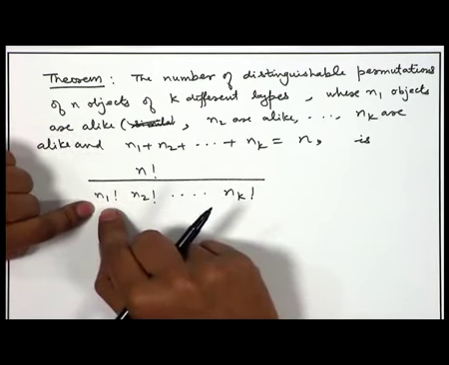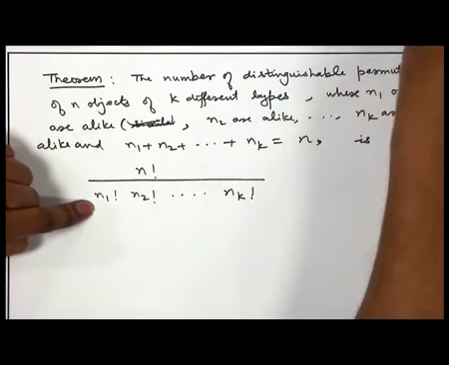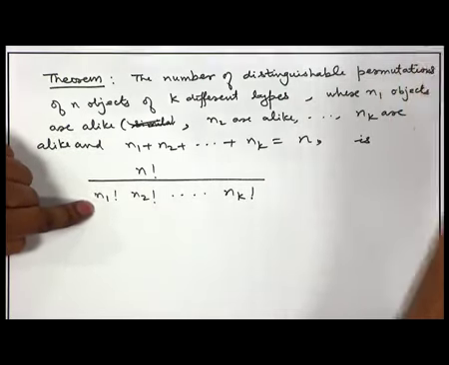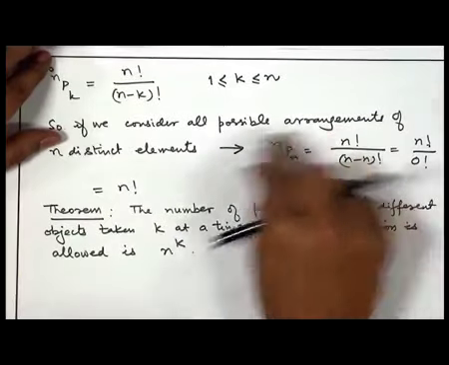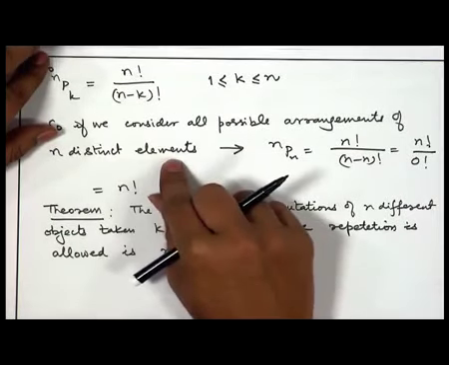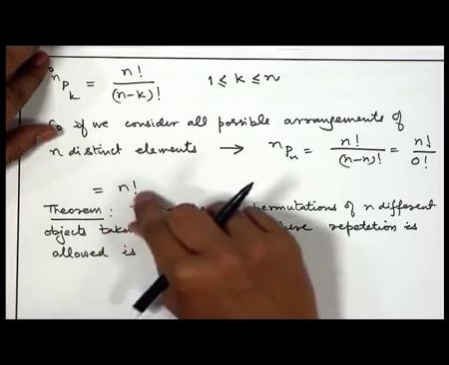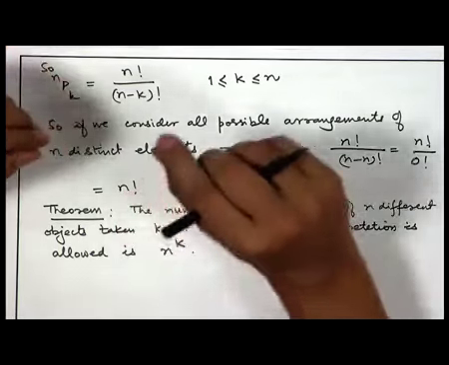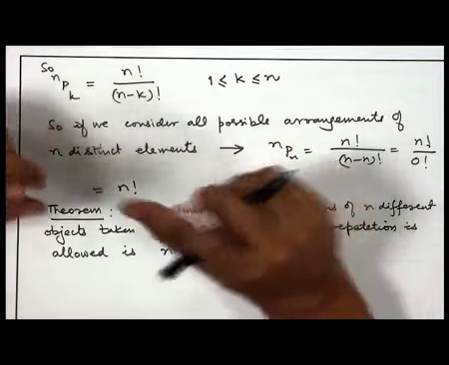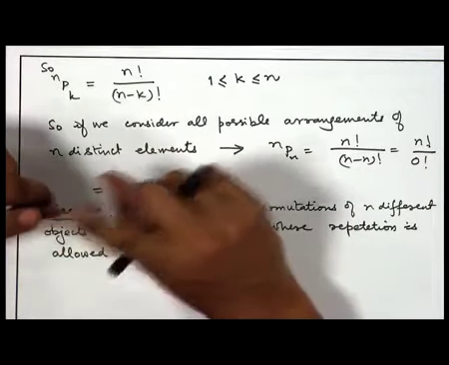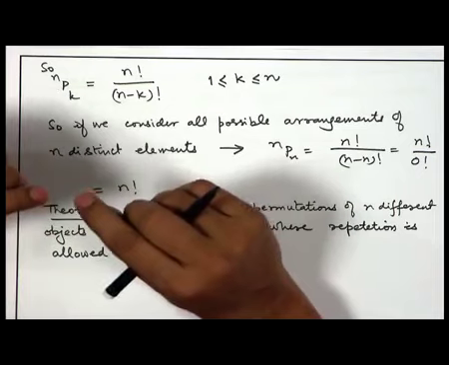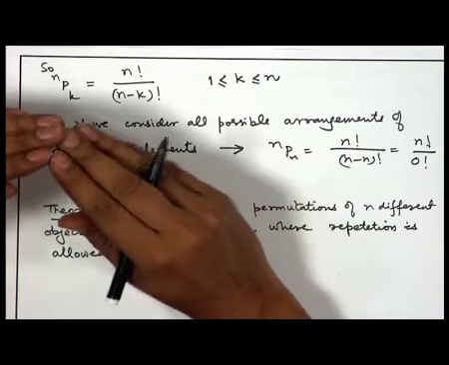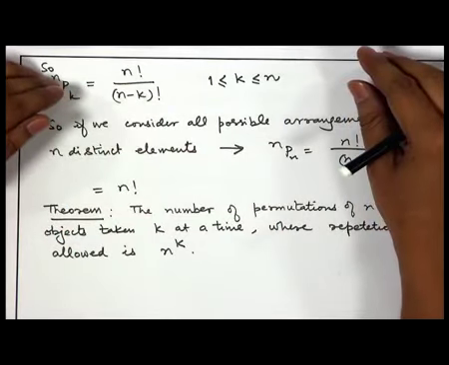Let me explain the reasoning. I consider that if we have all possible arrangements of n distinct elements, it is n factorial. Now, suppose out of these n objects 2 are similar or alike and the remaining n minus 2 are distinct.